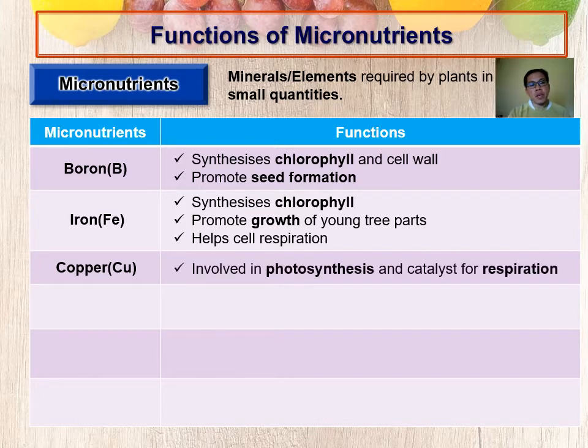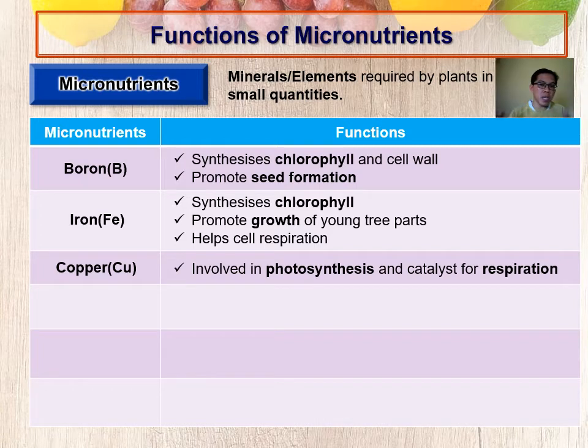Okay. The number 3 is copper or cuprum. Okay, setengah orang suka panggil cuprum, tapi dalam sains kita panggil copper. Involved in photosynthesis, terlibat dalam fotosintesis, and catalyst, dan juga catalyst pemangkin for respiration. Catalyst ni sebagai penolong, helper. Dia sebagai co-helper.